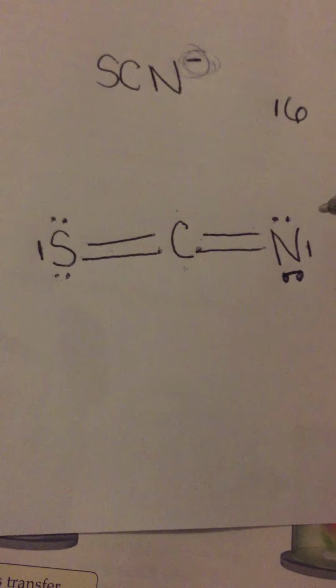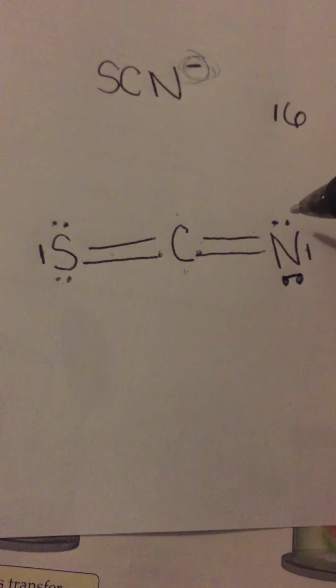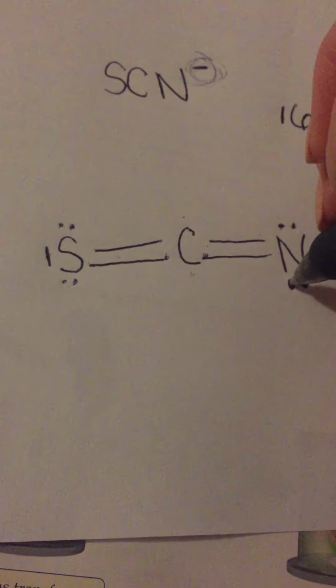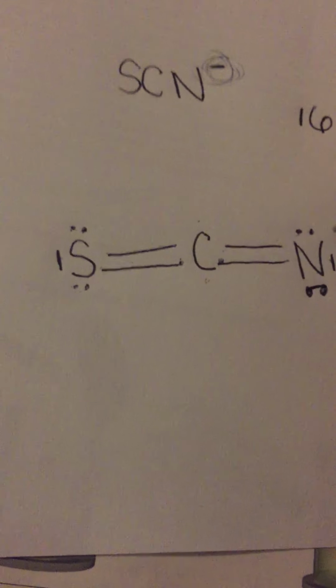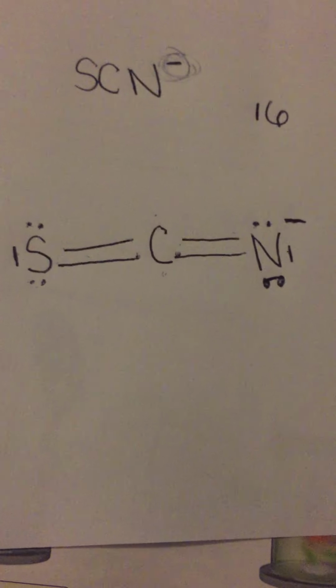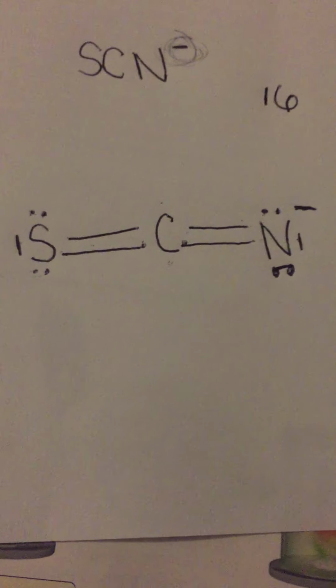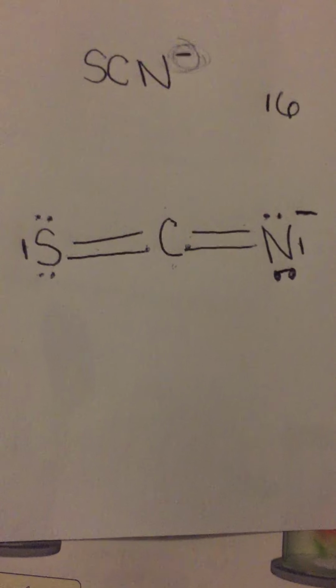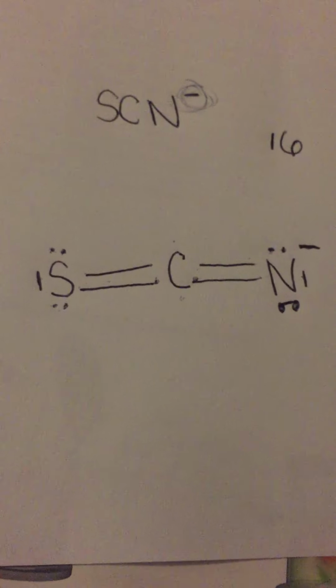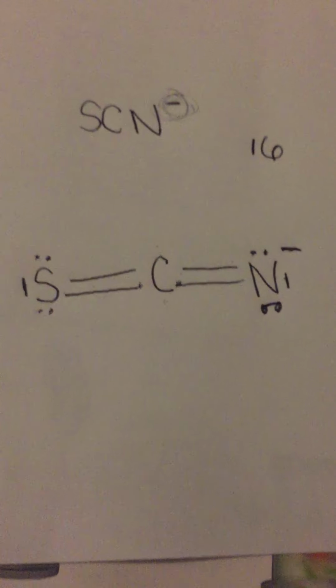Nitrogen originally had 5 assigned to it. Right now it has 1, 2, 3, 4, 5, 6. So nitrogen is gaining our negative charge. So this will be the Lewis structure for SCN minus 1. So that's it.